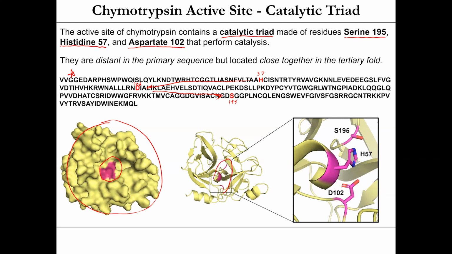If we look at the ribbon diagram and then zoom in, you can see when the protein folds, the serine 195, histidine 57, and aspartate 102 are located in very close proximity at the active site. These three residues make up the catalytic triad that chymotrypsin uses to actually catalyze its reaction.